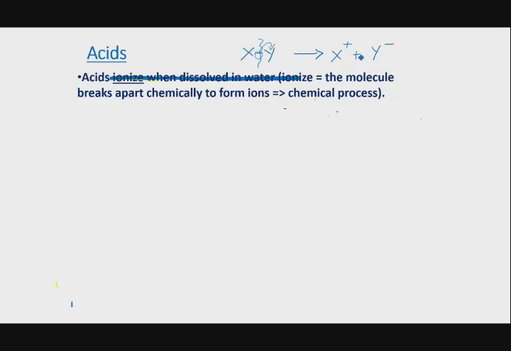So this process is called ionization. It is a chemical process because you're creating ions that did not exist before. So acids do that.